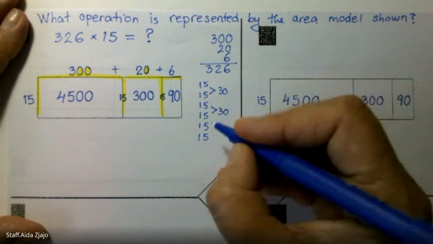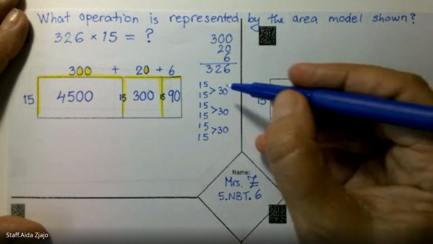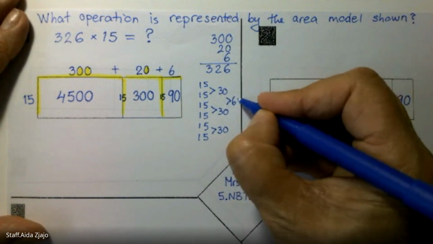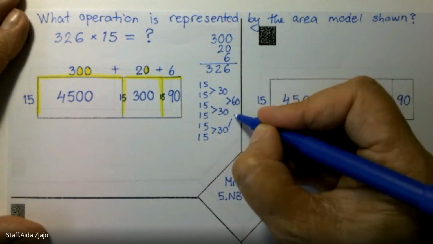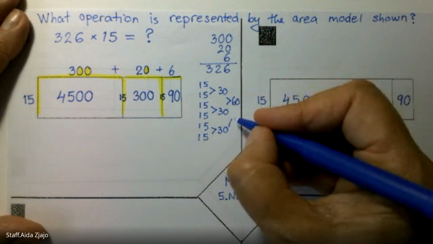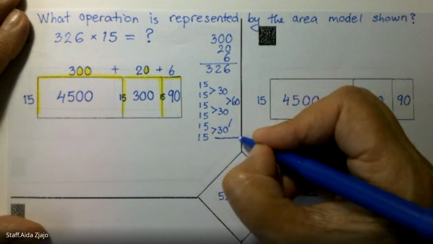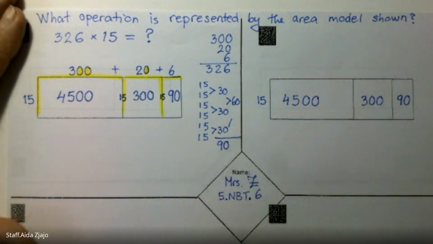This is called whole number addition, and this is 30. So now 30 plus 30 plus 30 is, these two are 60, and plus this 30, it would be 90 altogether. So I'm going to underline and write 90. Okay, so that's the proof.